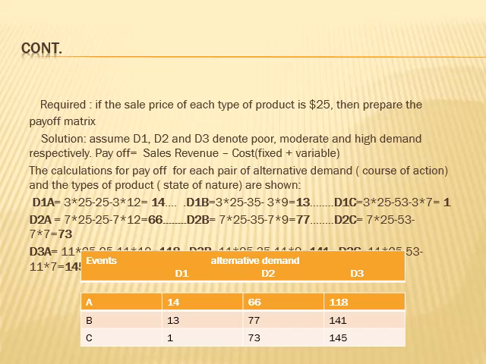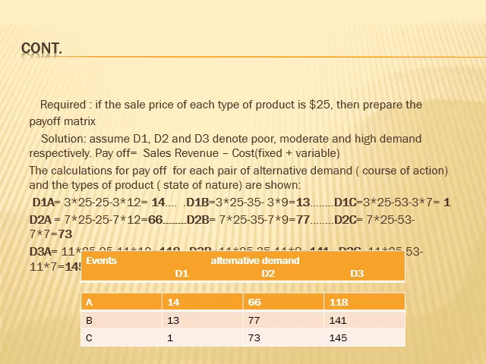So the calculations for payoff for each pair of alternative demand, which is the course of action, and the types of product, state of nature, are shown.